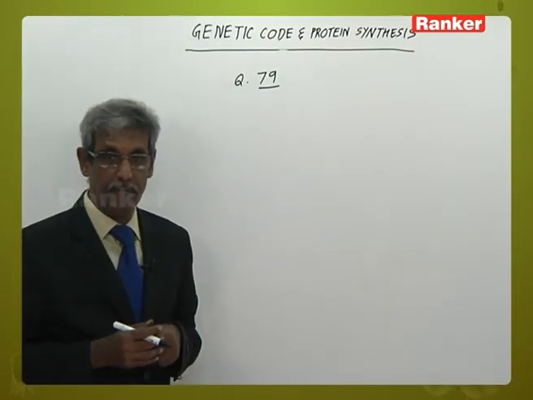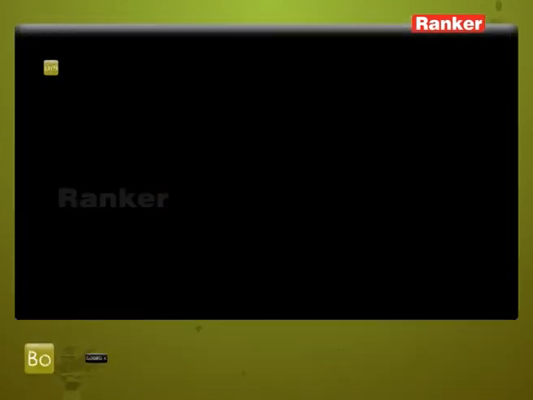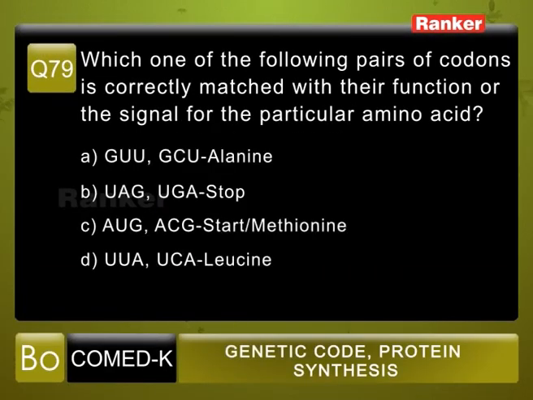Question number 79. Which one of the following pairs of codons is correctly matched with their function or the signal for a particular amino acid?